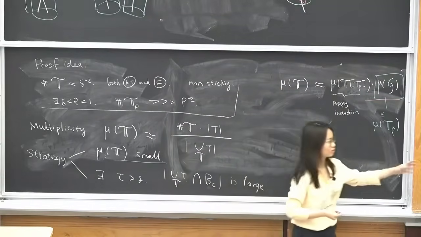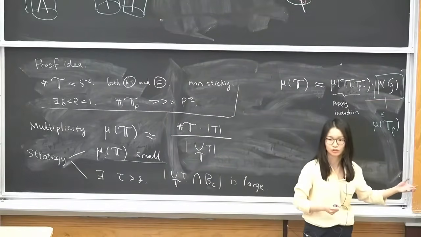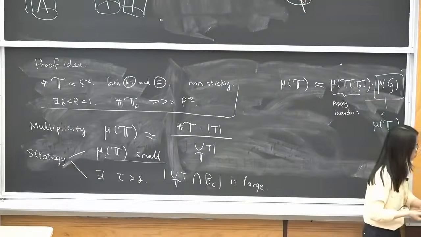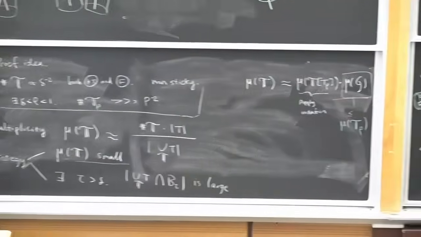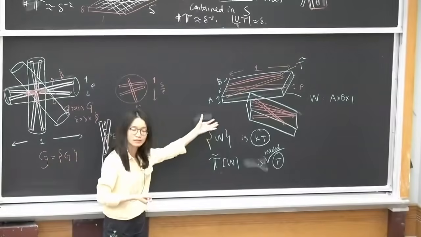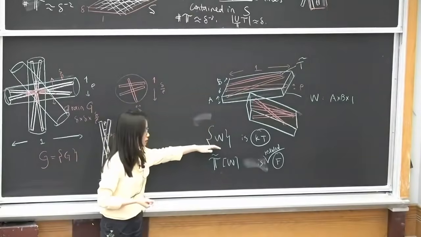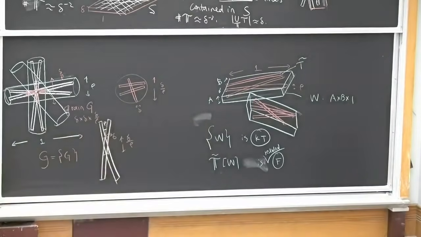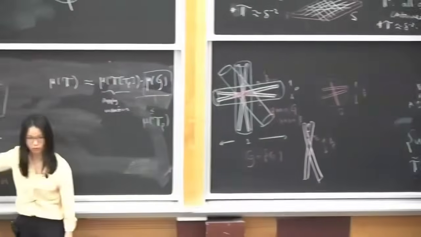We get structure from no structure, and then we study case by case according to what we get from this set. If it's Katz-Tao, then we try to show that the multiplicity is small.